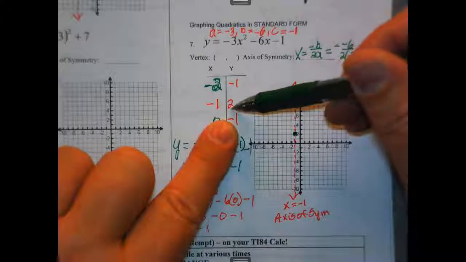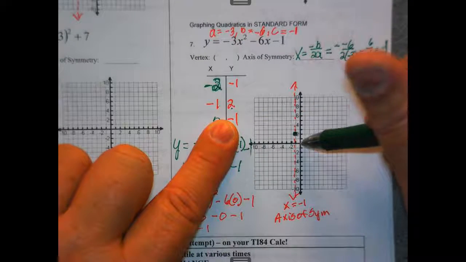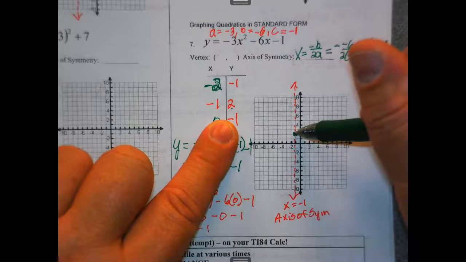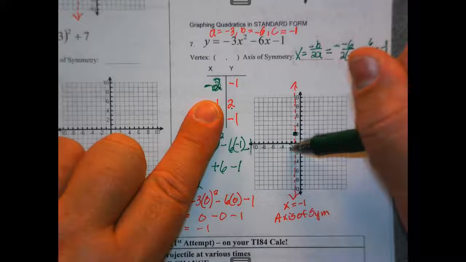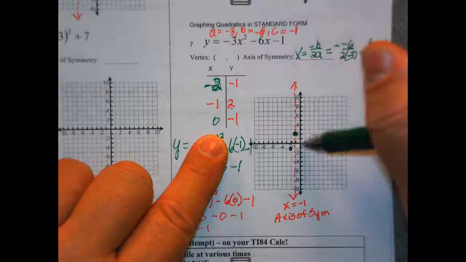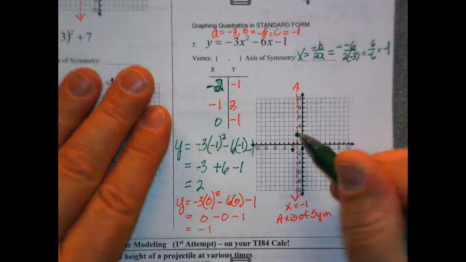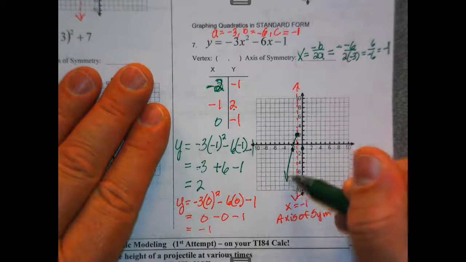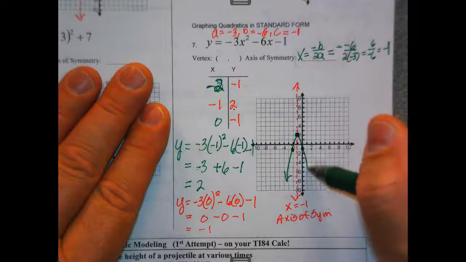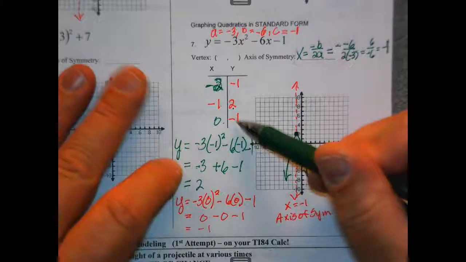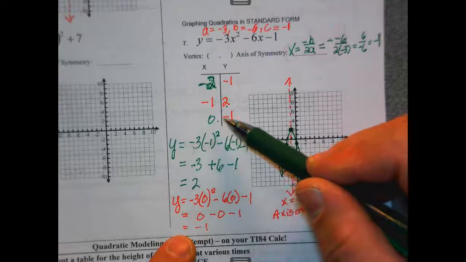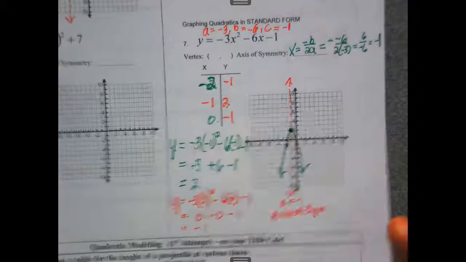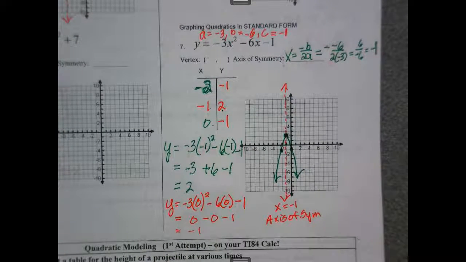The vertex is -1, 2. Oh. Okay. -1, 2. And then -2, -1. And then 0, -1. So my parabola opens down. I needed another point, so I used it. Right, it'll be in your table. You didn't have to do any computations. You can get all these numbers off your calculator.